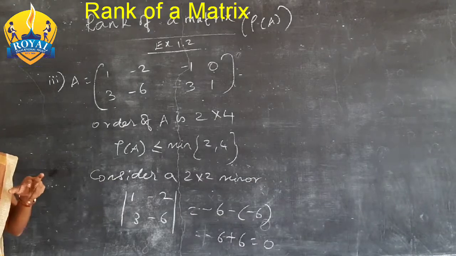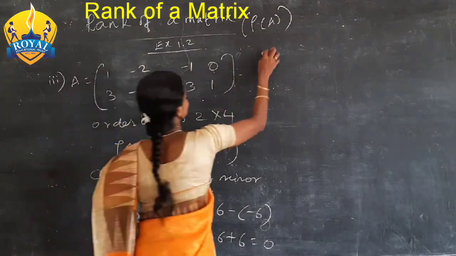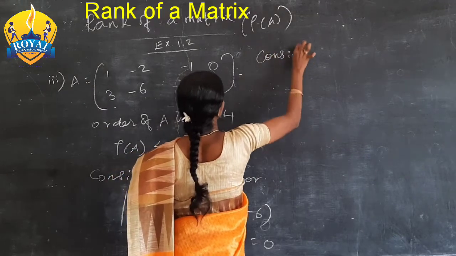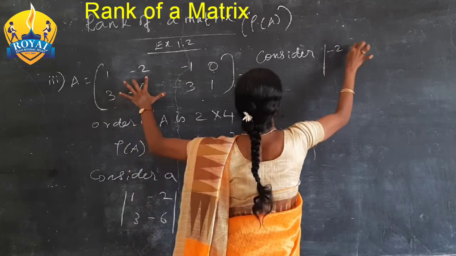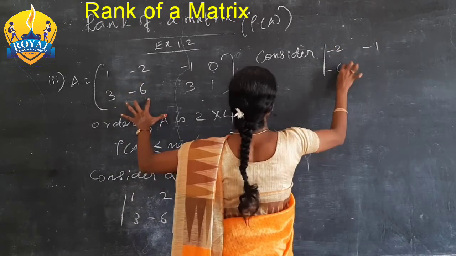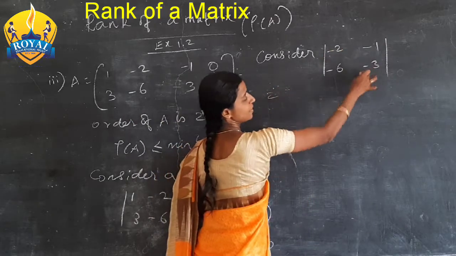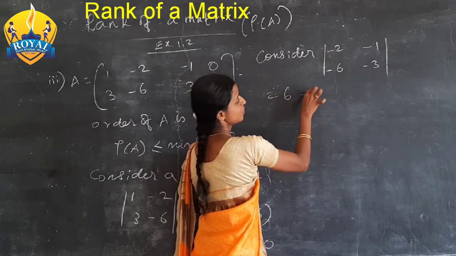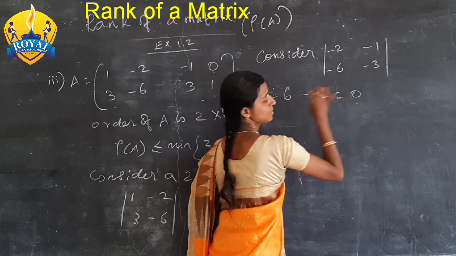Now let me get into the second 2 cross 2 minor. We will consider [-2, -1; -6, -3]. Here minus 2 into minus 3 becomes 6, reverse order minus, minus 6 into minus 1 is plus 6, automatically 0.